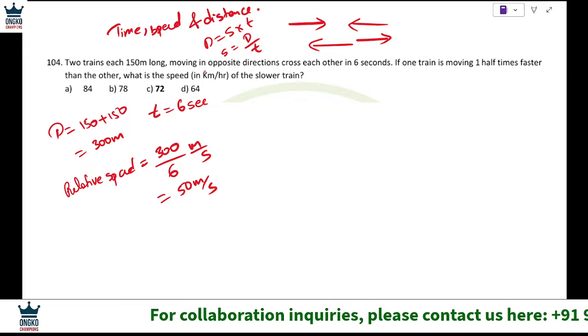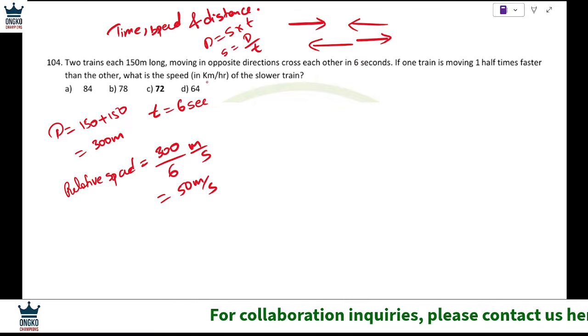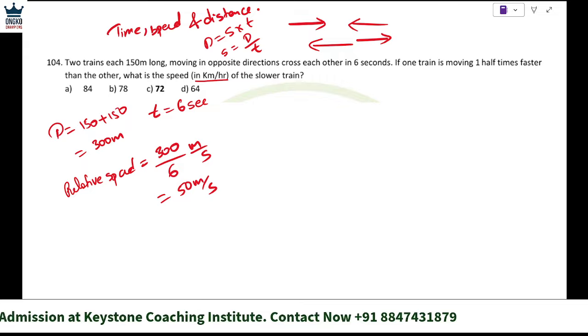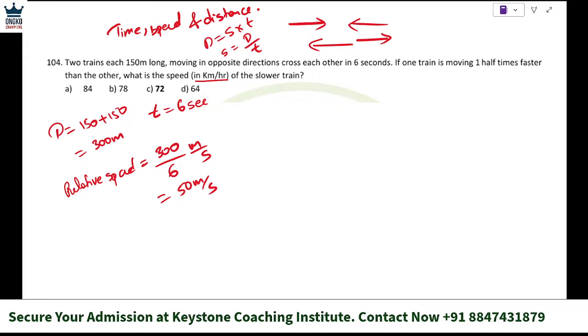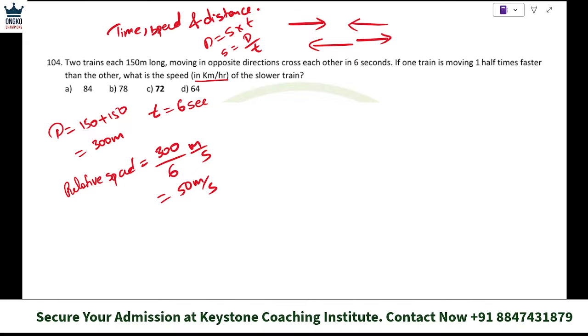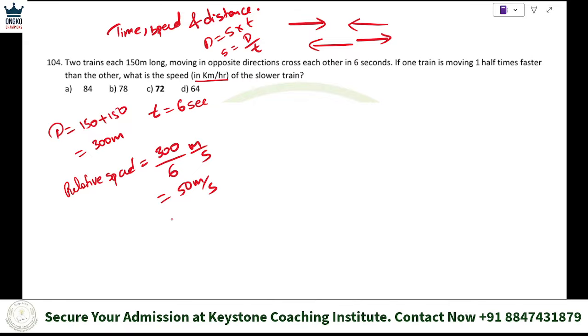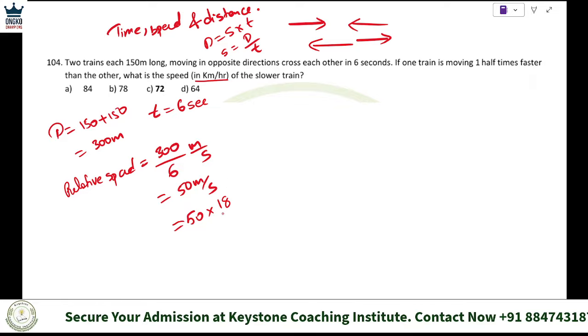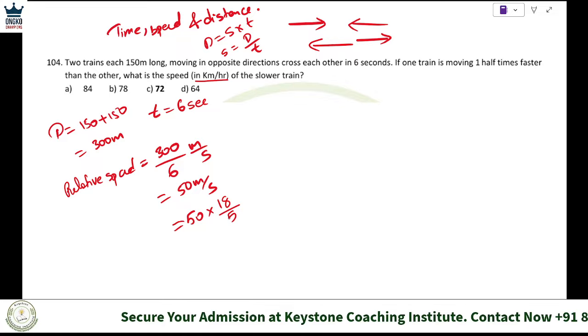However, we need to convert the speed into kilometers per hour, because the question asks for that in brackets. To convert meters per second into kilometers per hour, we multiply by 18 by 5.